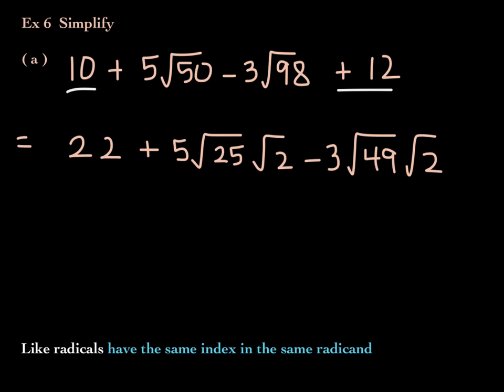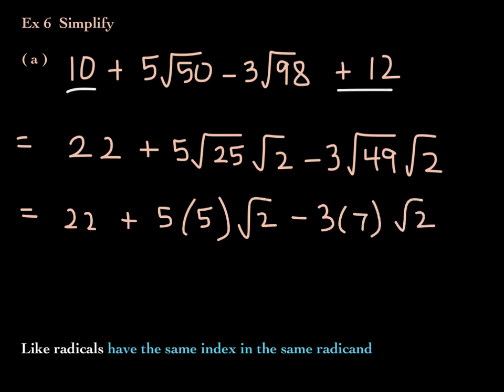So what we have then is 22 plus 5 times 5 times the square root of 2 minus 3 times 7 times the square root of 2. Or 22 plus 25 root 2 minus 21 root 2.